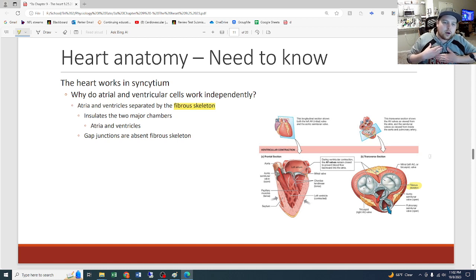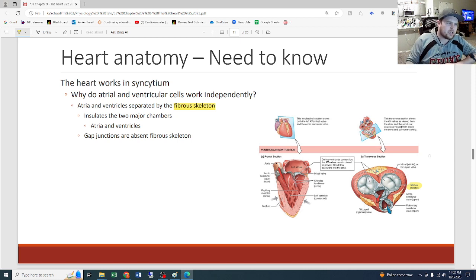Those two main sounds that you're hearing, one is caused by the atria finishing its job, and the other dub is caused by the ventricles finishing their job.